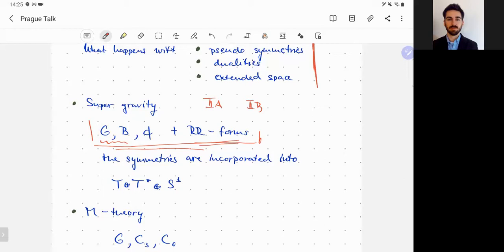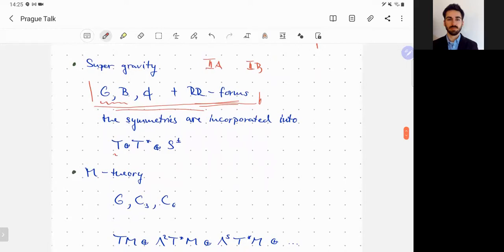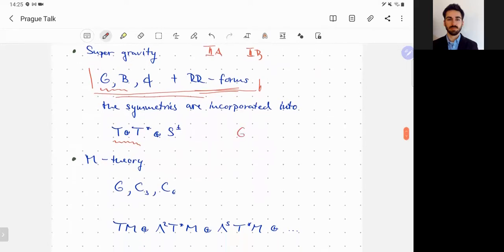We'll look at that later, but they live in different representations of this O(d,d) group. We've seen that G and B are transformed by these TM plus T star M generalized vectors.